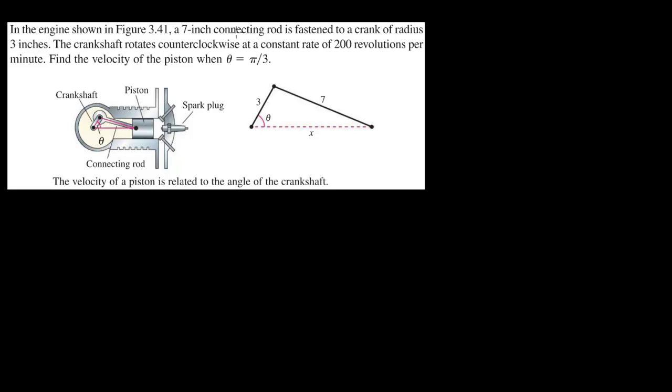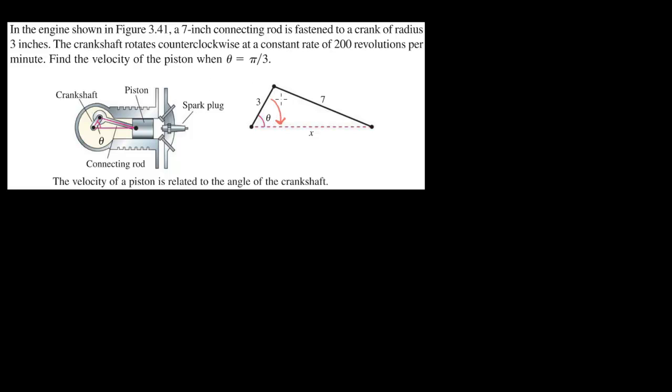Okay, so we have here a 7-inch connecting rod fastened to a crankshaft of 3 inches. The crankshaft rotates counterclockwise, so it's rotating in this direction.